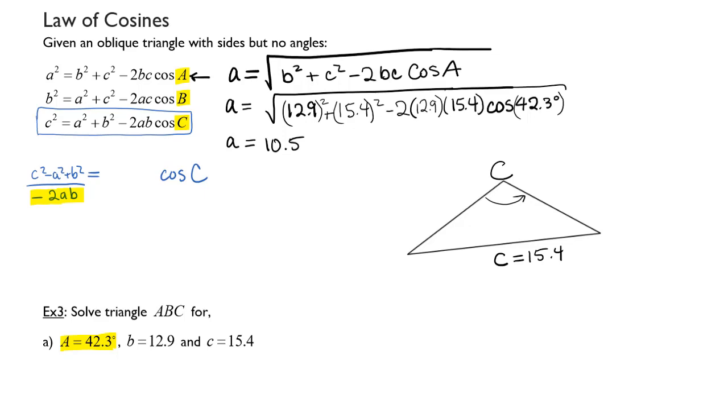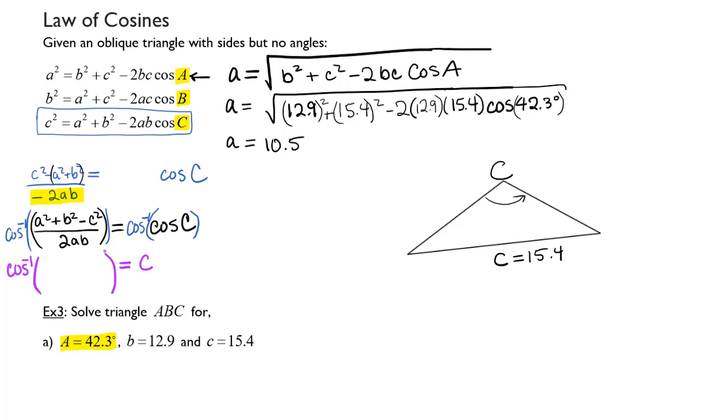And I'm going to go ahead and rearrange the terms once I've divided by that negative 1. So now I have the angle C is equal to the inverse cosine of, in the numerator, A squared plus B squared minus C squared, all over 2AB.